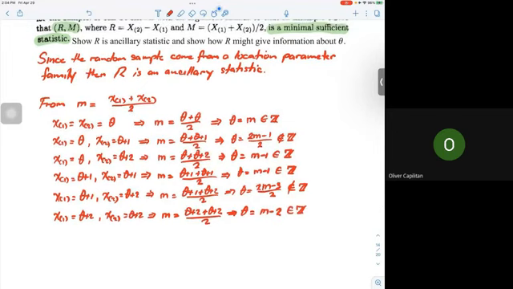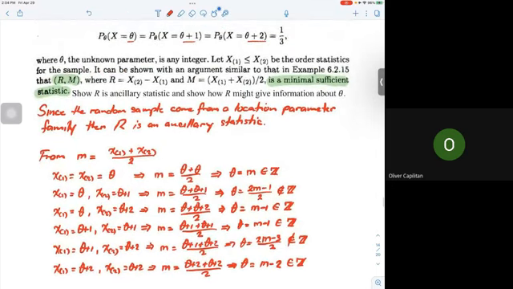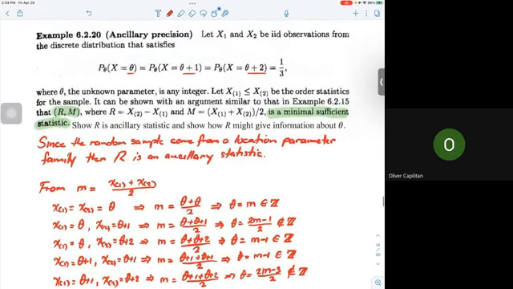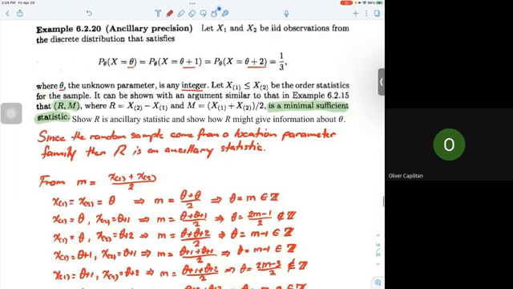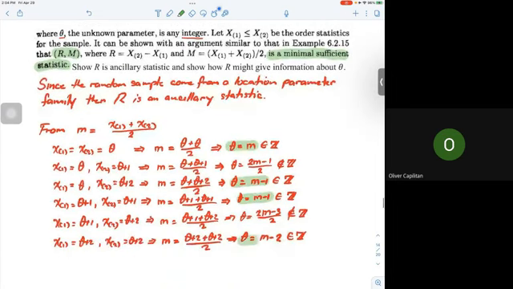So ano yung mga possible values natin ng theta? Theta should be an integer. Yung theta natin, unknown is an integer. So ito lang yun. Pareho lang naman yan sila. And then this. So given an m, the value of our mid-range, ito yung mga possible estimates of our theta.